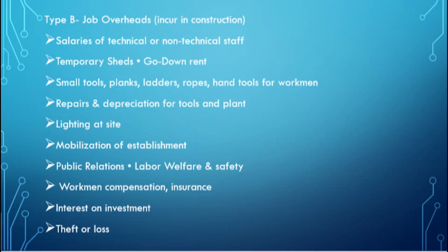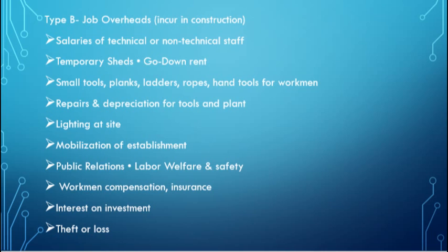Type B, job overhead. That is salary to the technical and non-technical staff. For a particular piece of work you may require a particular specified technical or non-technical person. Suppose for soil testing, or for cutting of a mountain, you require a geologist. That is a one-time fee paid.